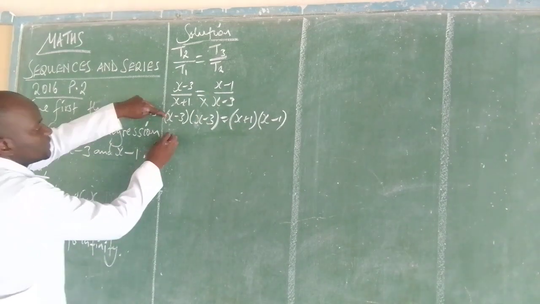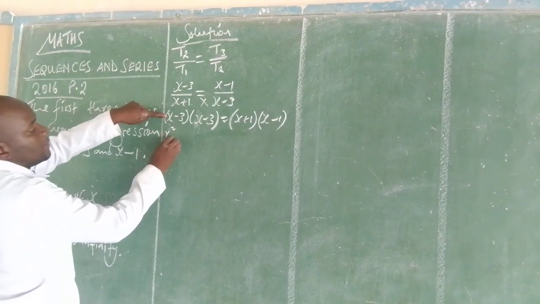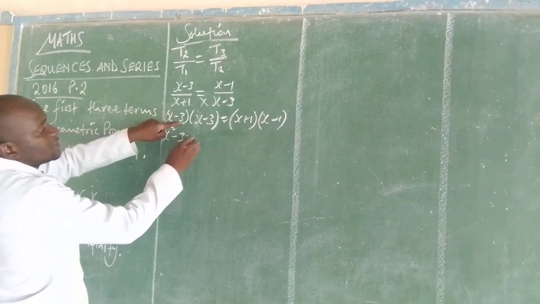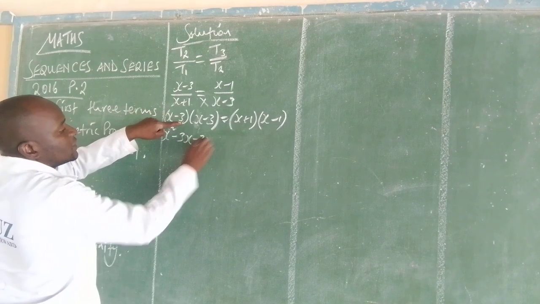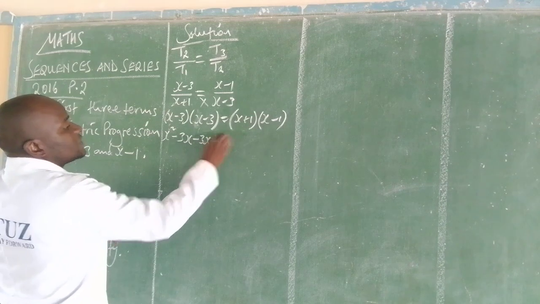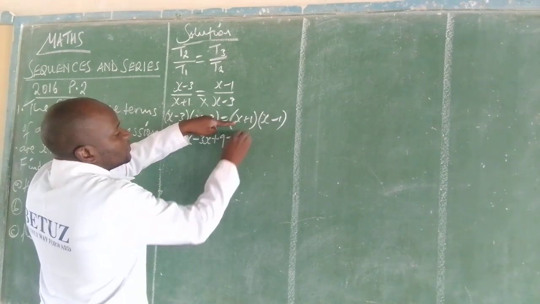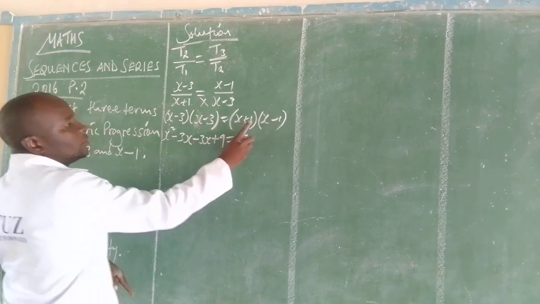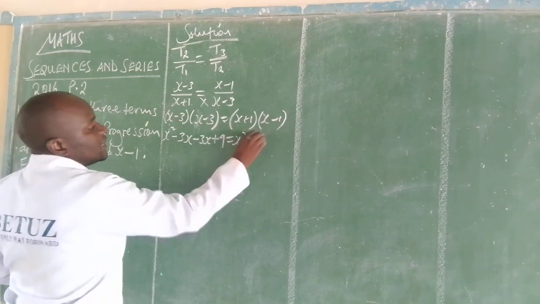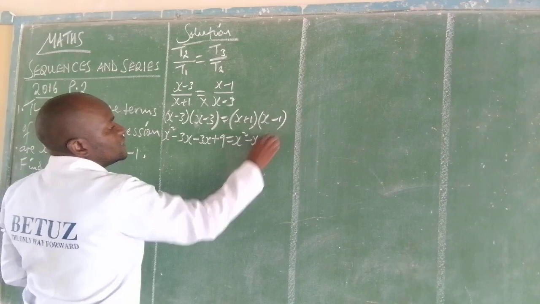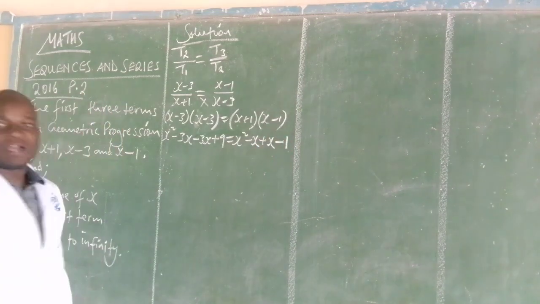This gives us x squared minus 3x, then minus 3x, then plus 9, equal to x squared, then minus x, plus x, then minus 1.